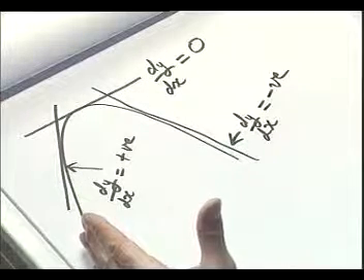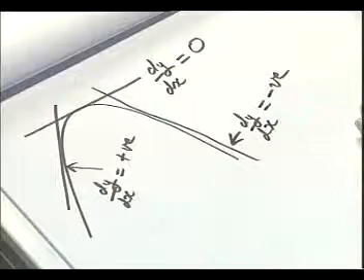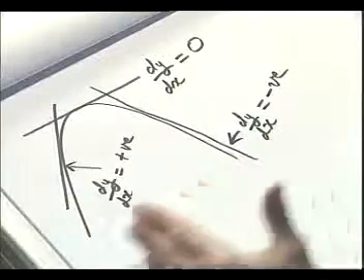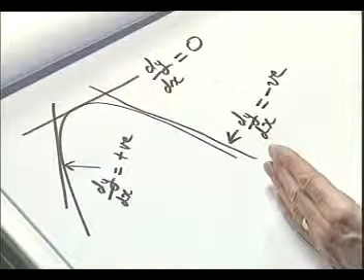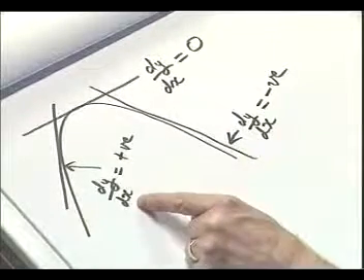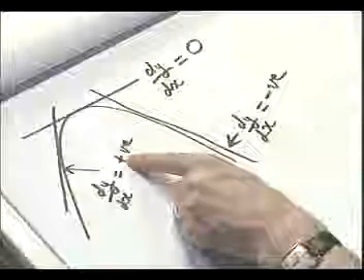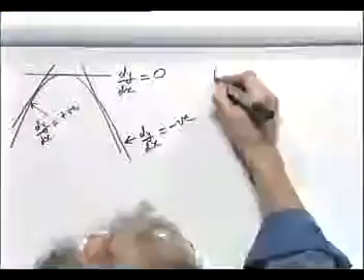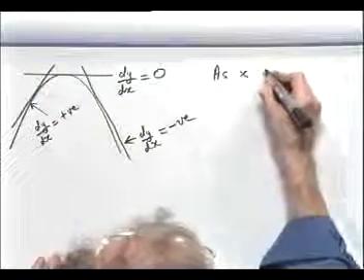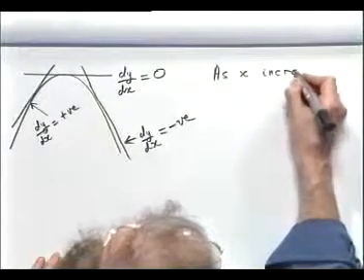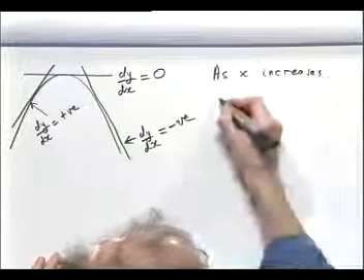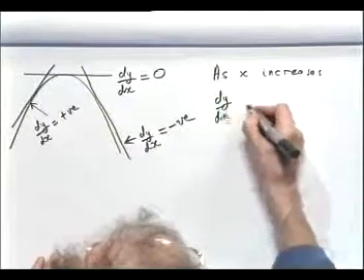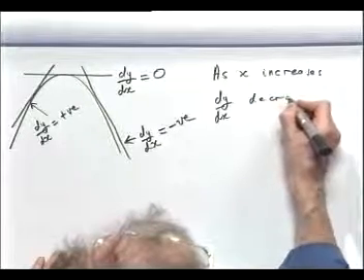So what's happening as we pass through this maximum point? As x is increasing, what's happening to dy/dx? Well, dy/dx goes from being positive to being 0 to being negative. So as x increases, dy/dx decreases.